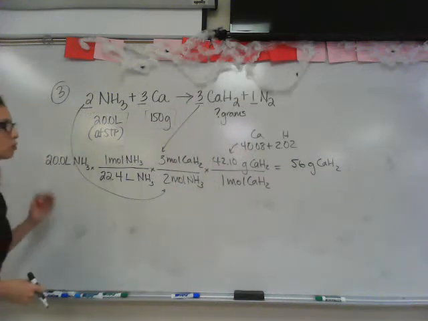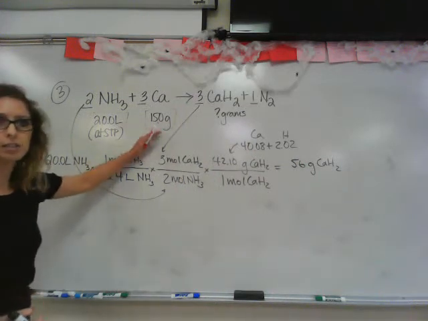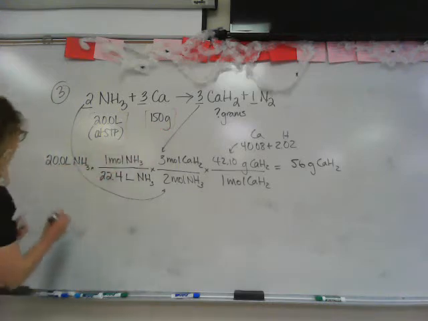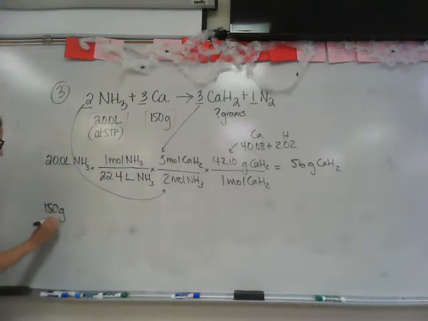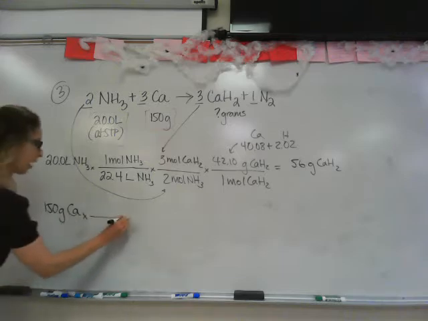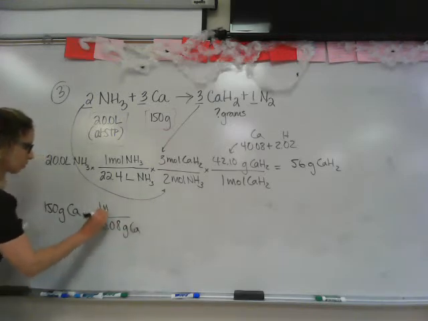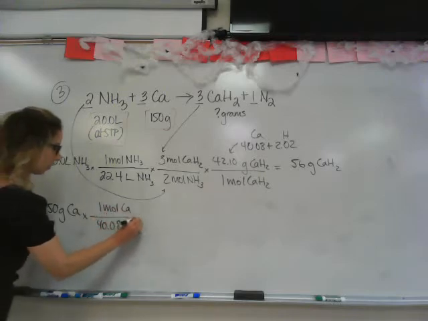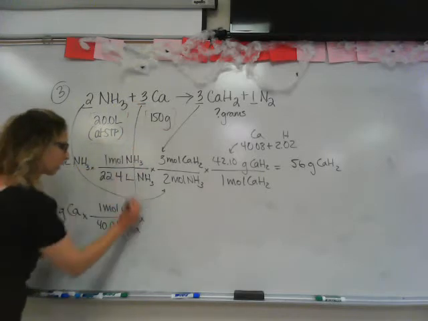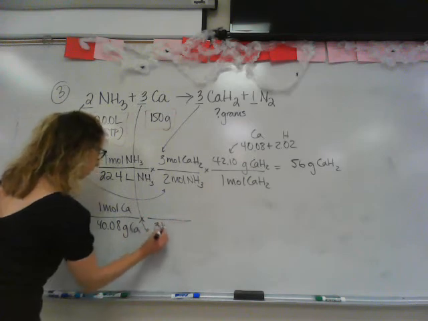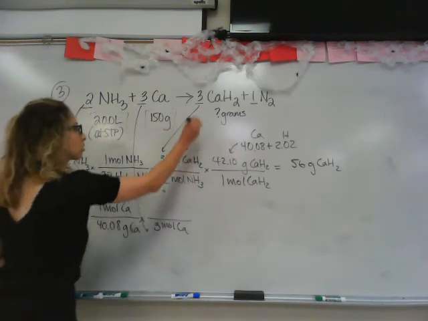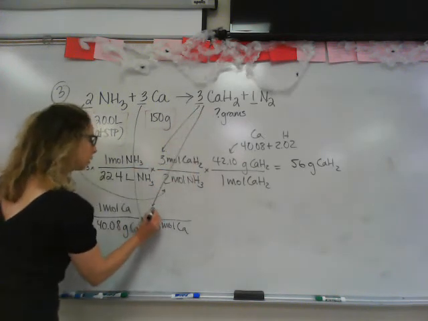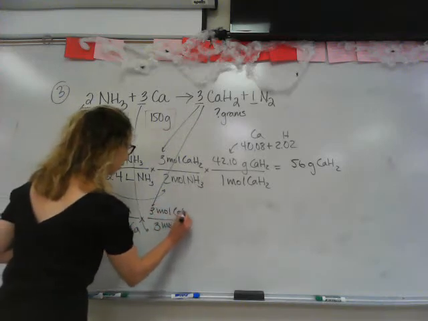All right, now you have to do the same thing with the second reactant. So we're going to take 150 grams of calcium, and we're going to convert that to moles by dividing by the molar mass. Then you have to use the coefficients. I have a 3 in front of calcium, and then you have a 3 in front of calcium hydride.